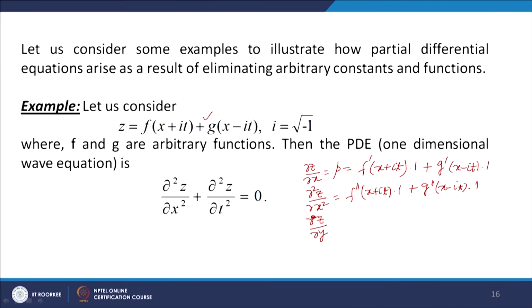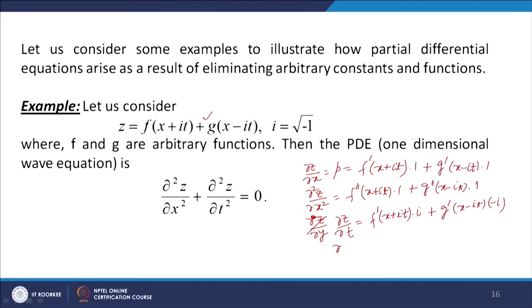Similarly, differentiate this equation with respect to t. What we get is f prime (x plus it) into i, and then g prime (x minus it) into minus i.